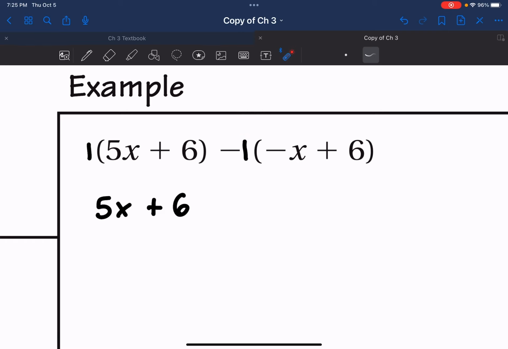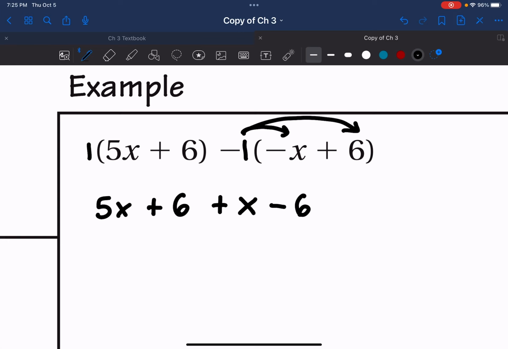Definitely put a 1 right there. Don't worry about this one so much. This one's really important, so put that 1 right there. Now I want you to show me the arrows that you are distributing. Go ahead and do that math. -1 times negative x is going to make positive x. -1 times 6 is going to make negative 6.